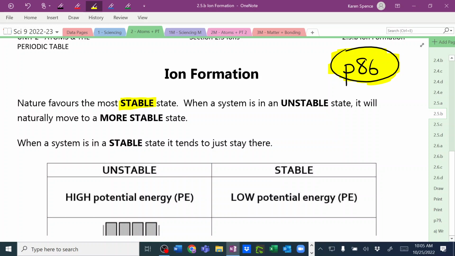So nature will on its own have things go from being less stable to being more stable. In order for things to become more unstable, you actually have to put energy in. If I want this pen to become less stable, I need to actually lift the pen up.